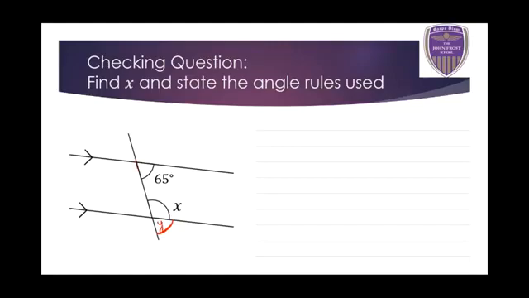Well, if I look at the rest of the lines and I draw them in, I can see that I've got an F angle or a corresponding angle, okay? So the first angle rule I'm going to use is a corresponding angle. Therefore, I now know that Y equals 65 degrees, okay?